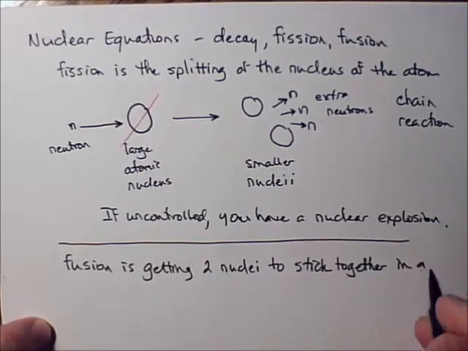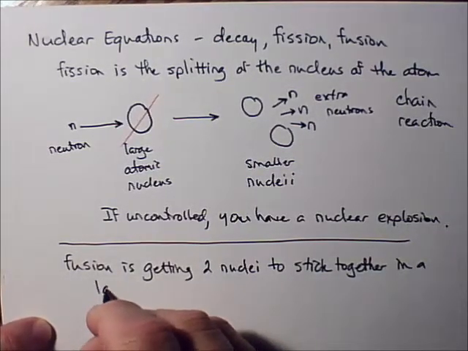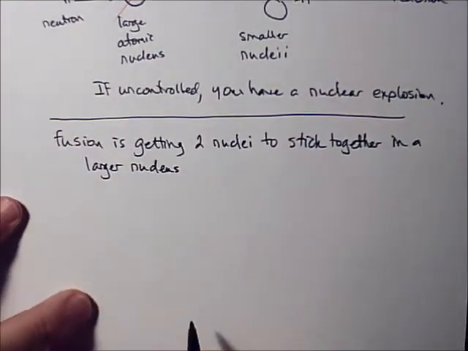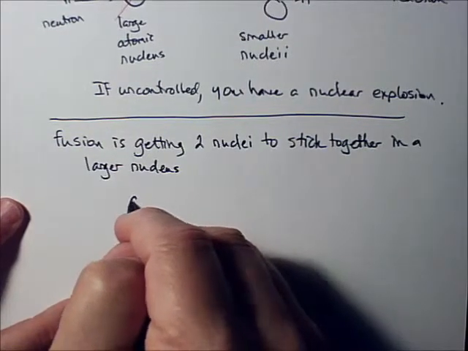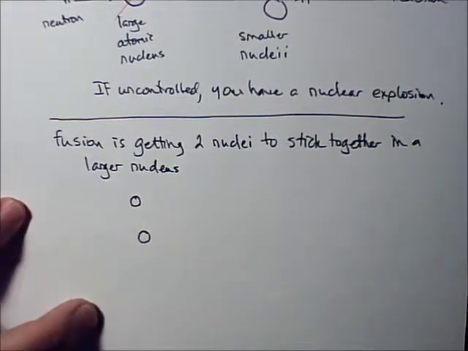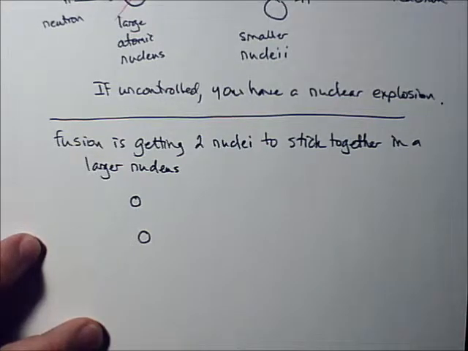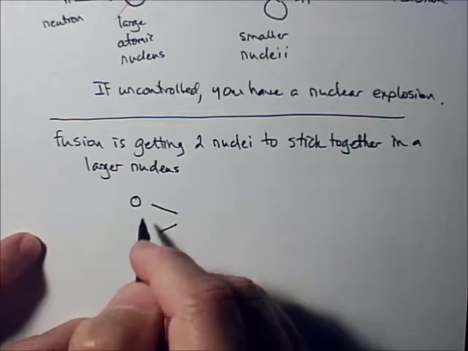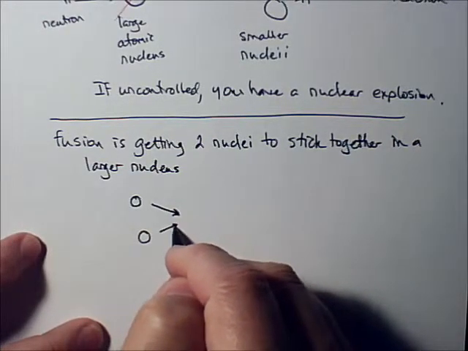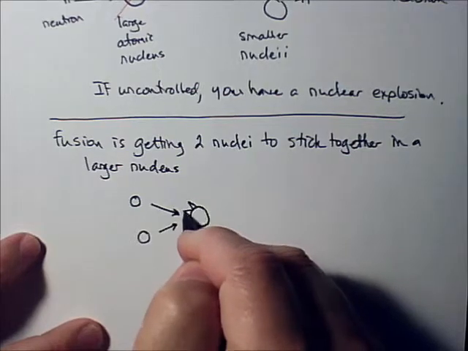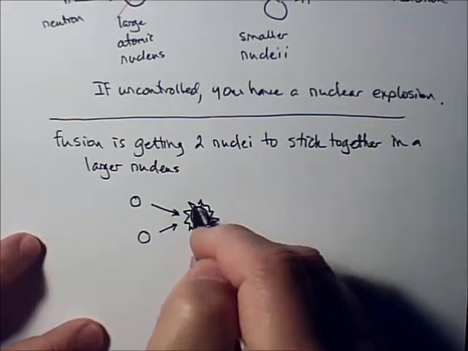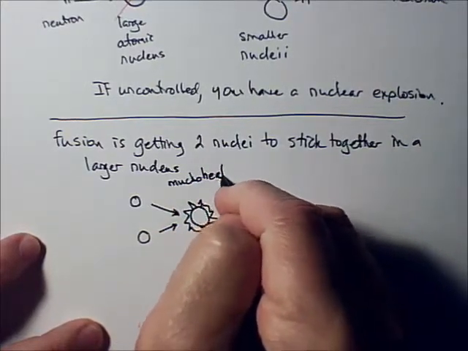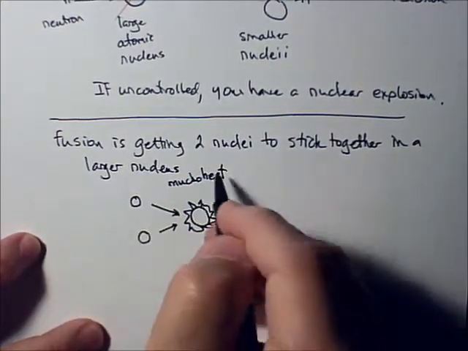Stick together into a larger nucleus. So we're going to take two smaller nuclei, and we're going to use a lot of heat and pressure to stick together into a larger nucleus.